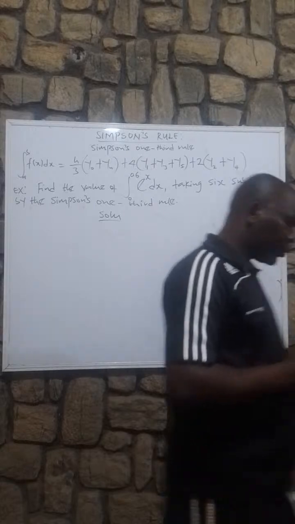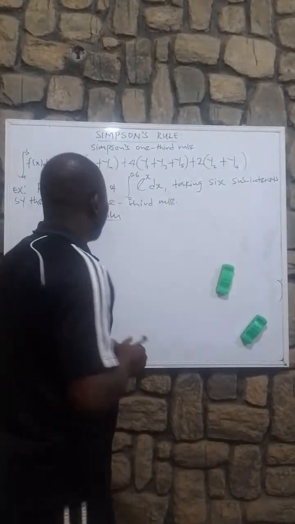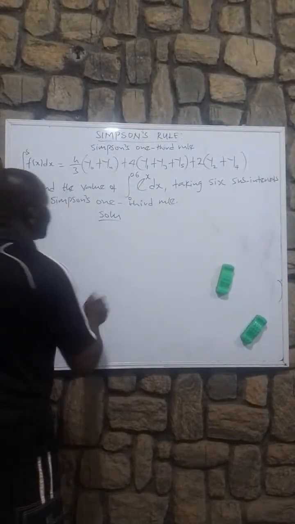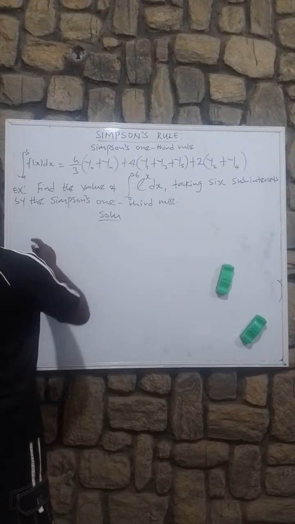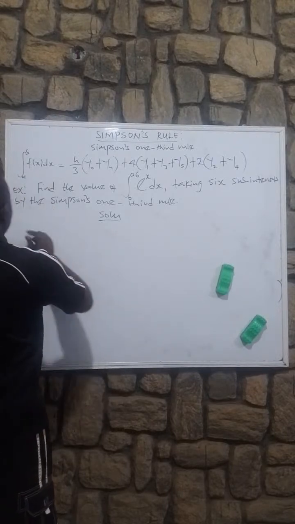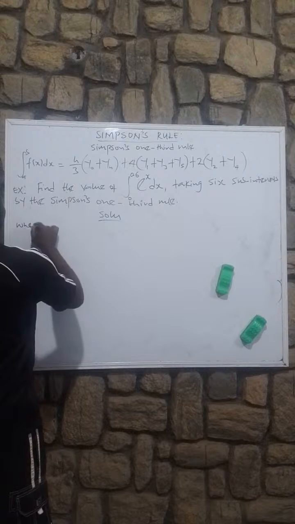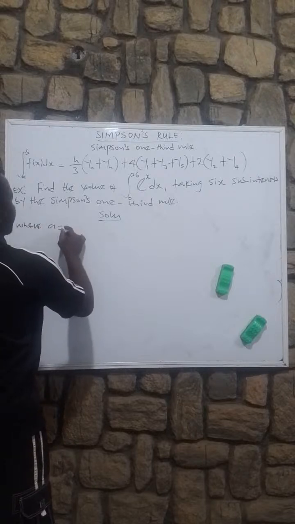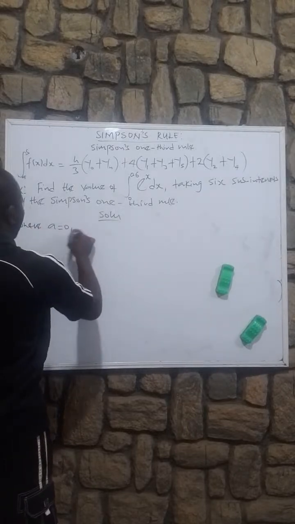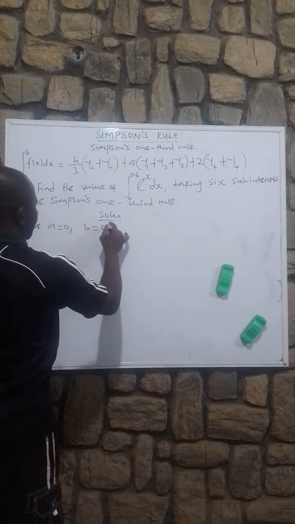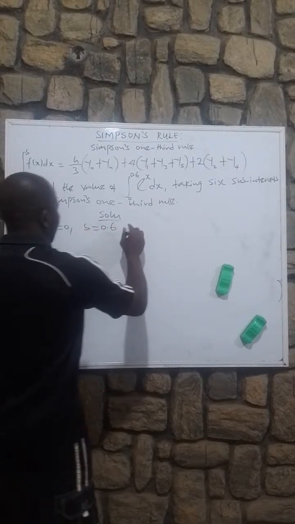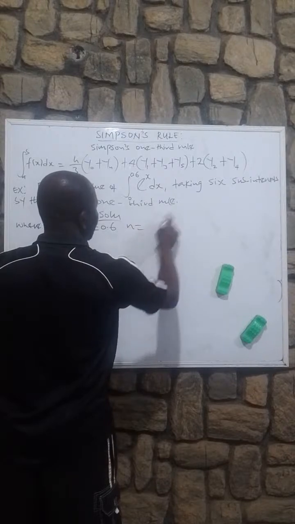Okay, so now let's obtain our H. Going by this, our A is equal to 0, right? Then B is equal to 0.6, and N is equal to 6.